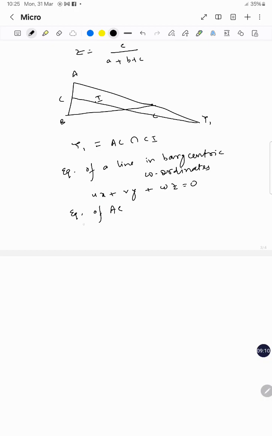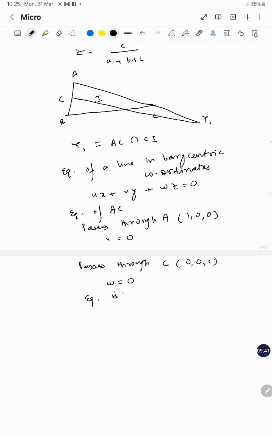It passes through A, whose coordinates are 1, 0, 0, so u equals 0. It passes through C, whose coordinates are 0, 0, 1, that means w is equal to 0. So the equation is y equals 0.